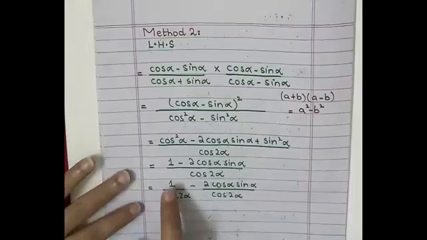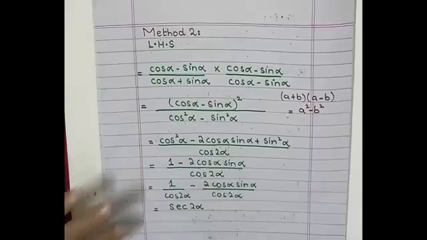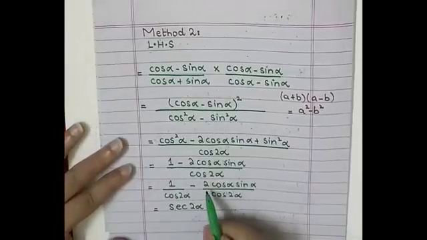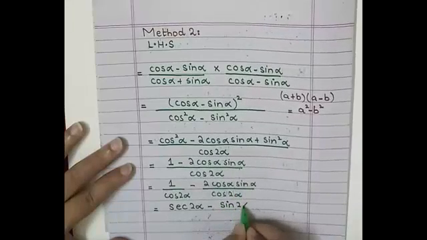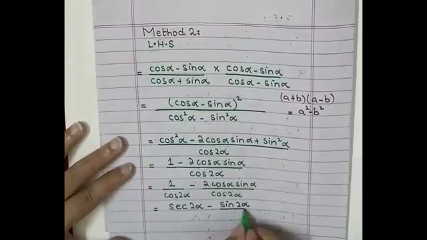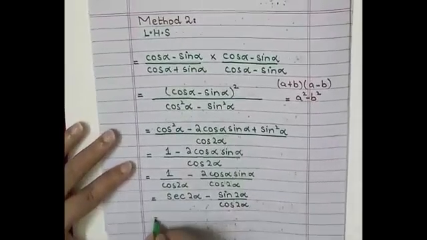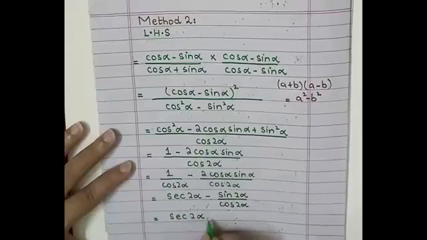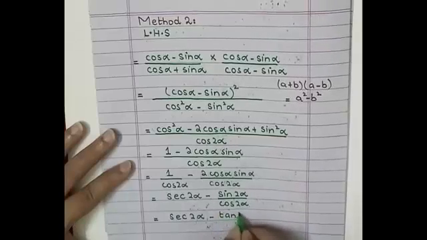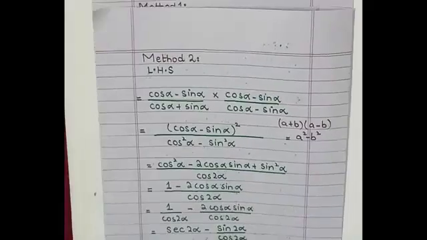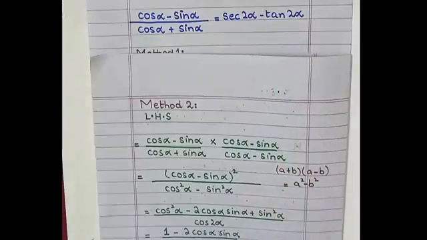Now 1 over cos 2 alpha is equal to secant 2 alpha, minus 2 cos alpha sin alpha, which is the formula of sin 2 alpha, divided by cos 2 alpha, which is equal to secant 2 alpha minus sin 2 alpha over cos 2 alpha, which is tan 2 alpha.